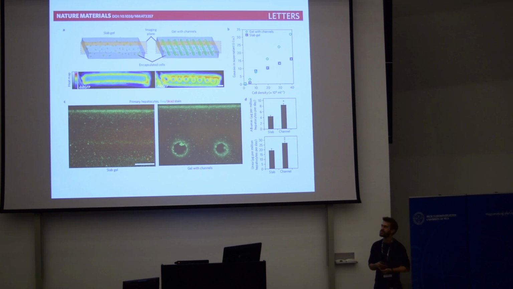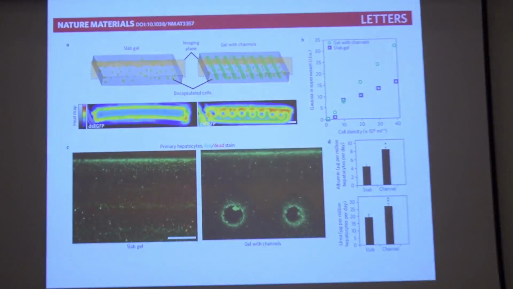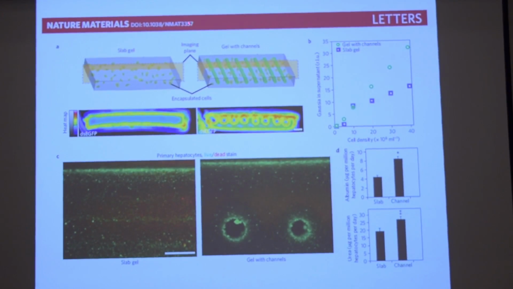And so what you can kind of imagine is that you make a gel, and when you're making the gel, you print these lines here. And these lines, once the gel is done, you can sacrifice them, and that's what I call sacrificial.